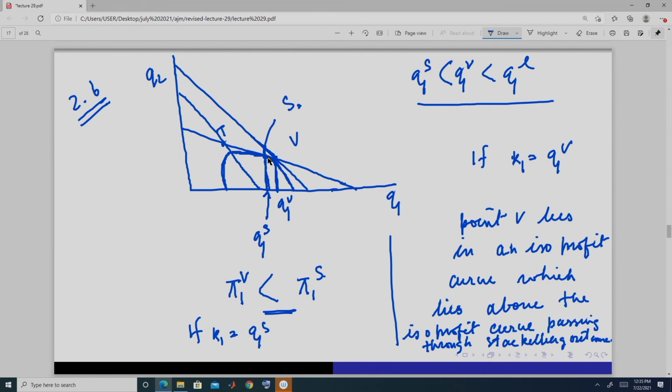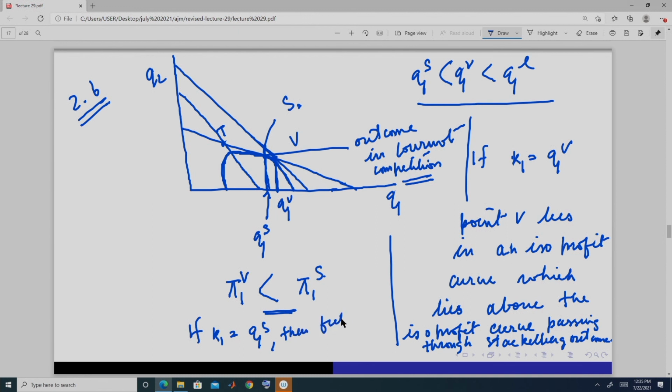So the outcome is here, this is the outcome in Cournot competition, with full capacity utilization, or this is the third case. If this, then full capacity utilization.